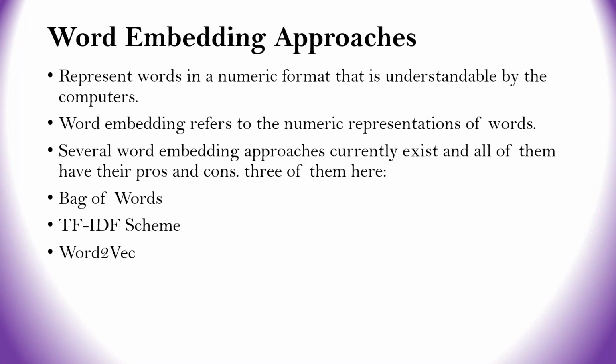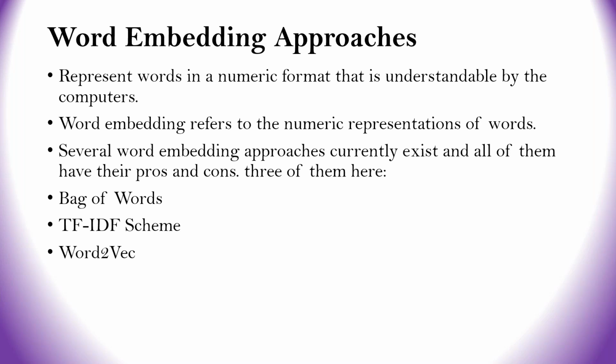We found an interesting topic called the Word2Vector model. Here, word embedding refers to a numerical representation of the given words. There are several word embedding approaches, each with its own pros and cons. Some of the interesting word embedding procedures are the bag of words model, the TF-IDF scheme, or the Word2Vector model.